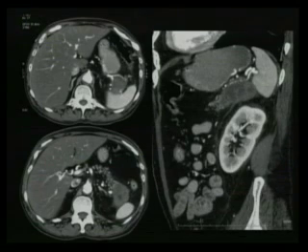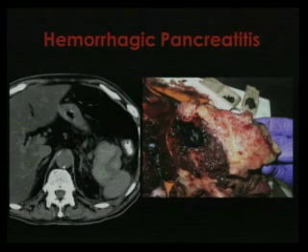Remember that this was just a CTA. It's not the pancreas protocol exam. They did the biopsy, and look at the density of this tumor. What do you think about the density?